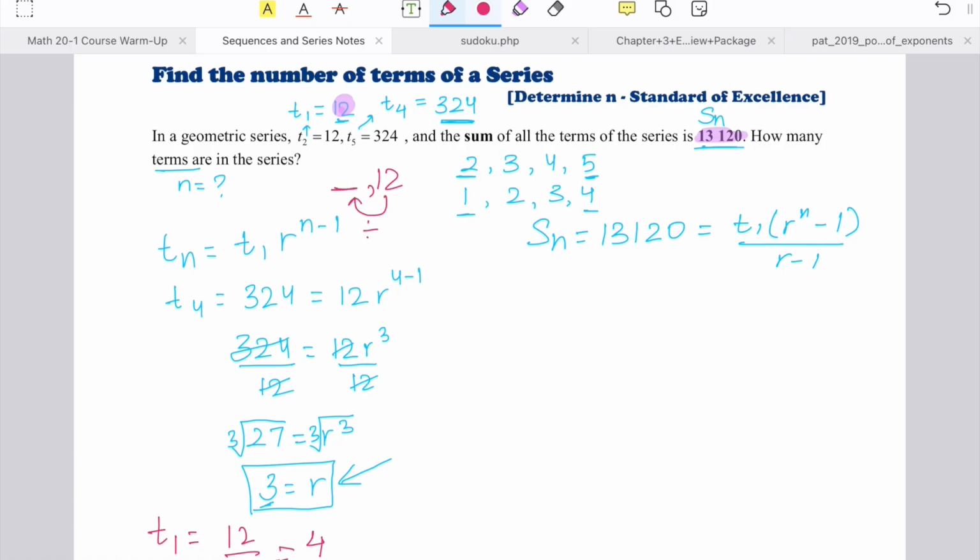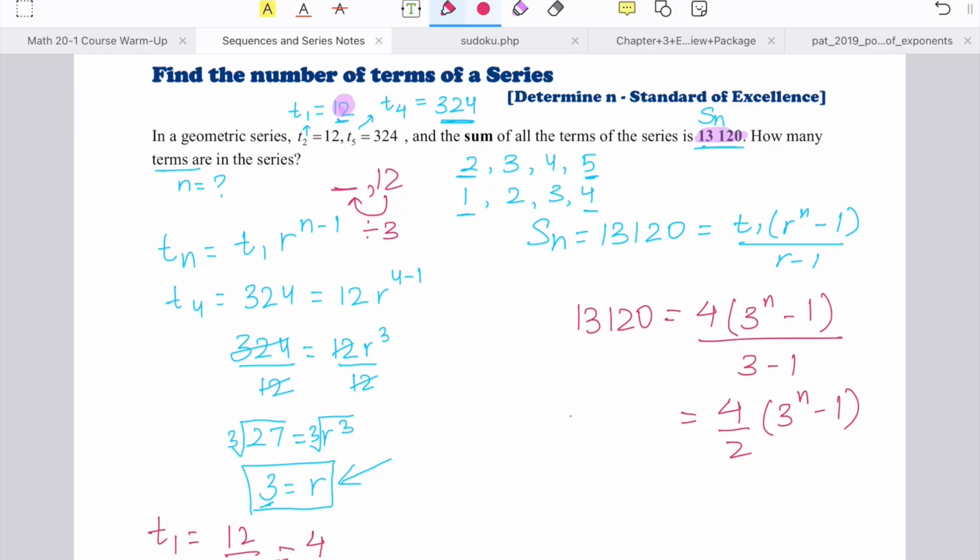And to go back, we divide it by 3. So now it'll be 4. Ratio is 3 to the power of n minus 1, over 3 minus 1. 3 minus 1 is 2. Everything else stays the same. 4 divided by 2 is 2.